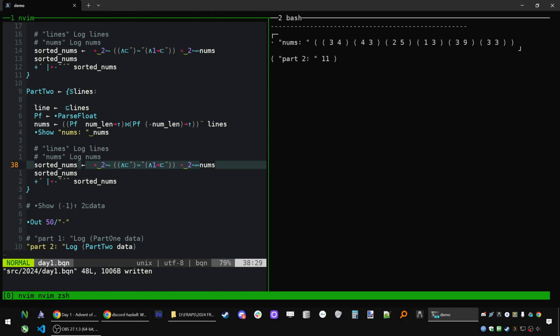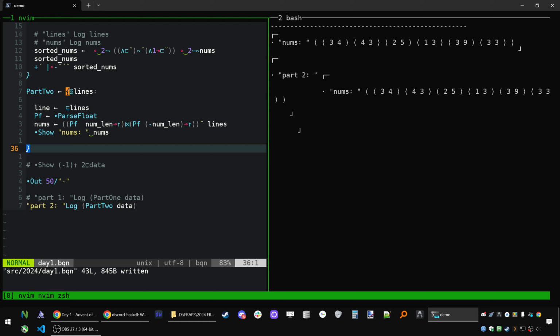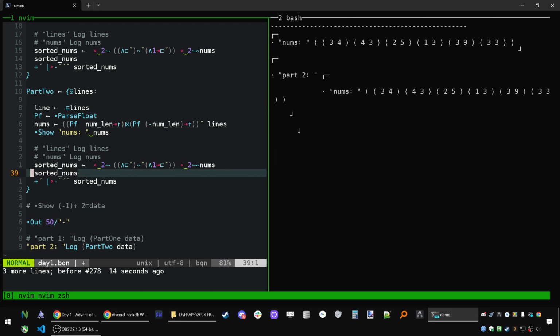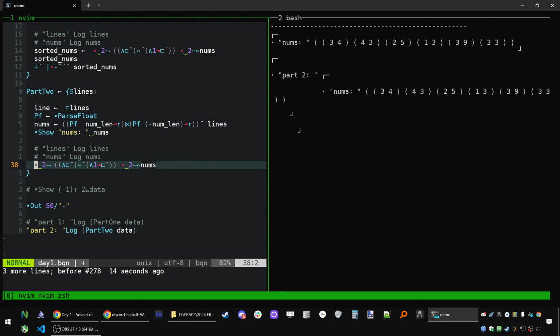We don't care about that. Part 2, that's fine. We want to just take these numbers and, for all left numbers, I want to flatten them again, though.